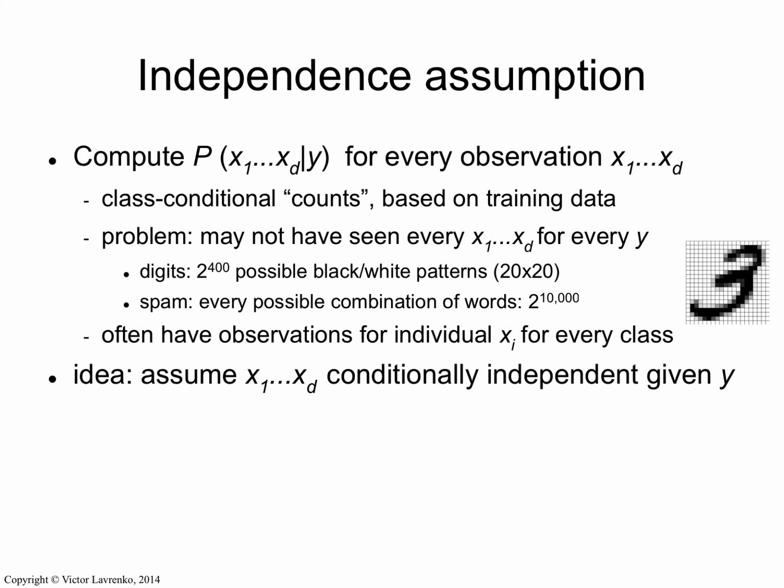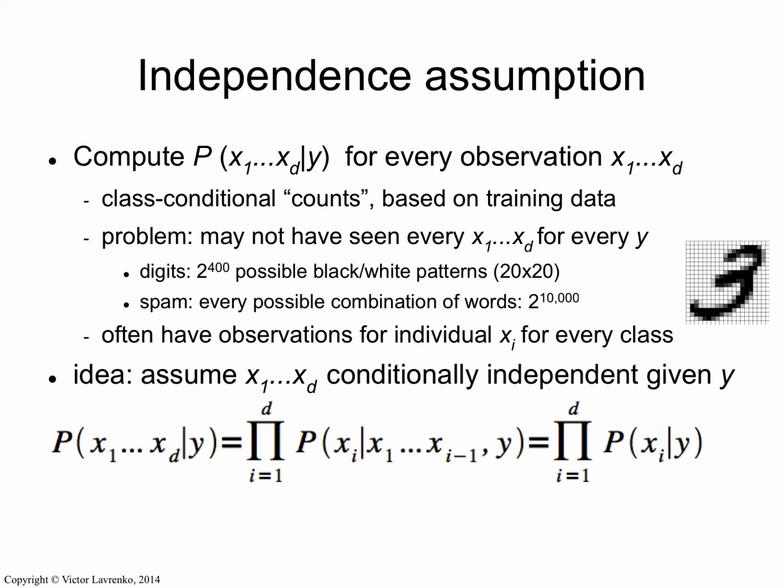Now, the way to get around that, when you cannot compute a probability directly, is you start making assumptions. That's what probability theory tells us. And in this particular case, the simplest possible assumption you can make is that the variables in your representation, the attributes or the pixels, are independent of each other.